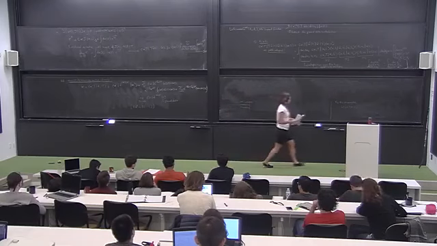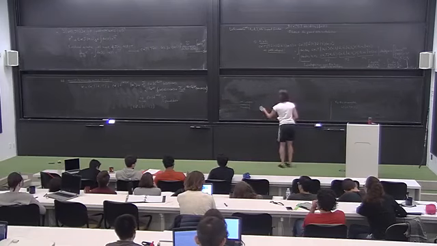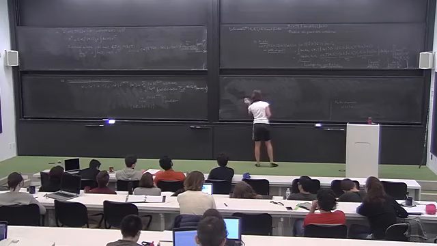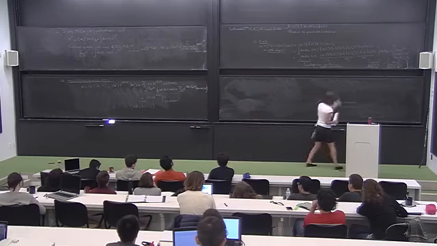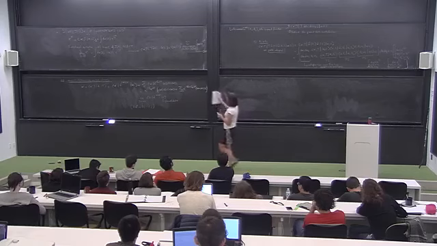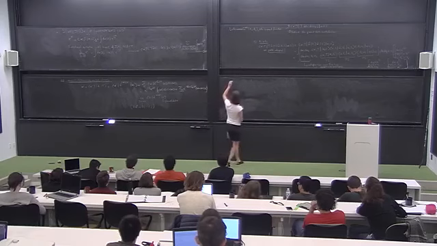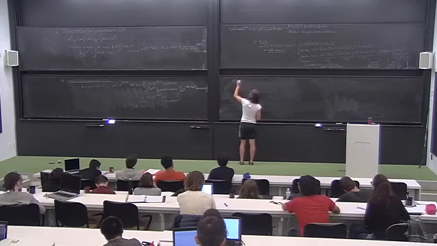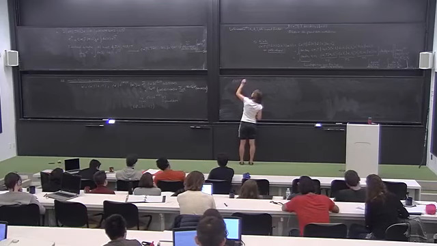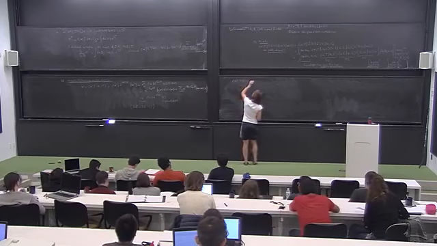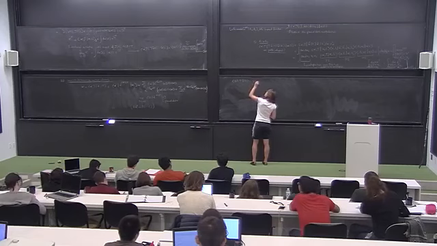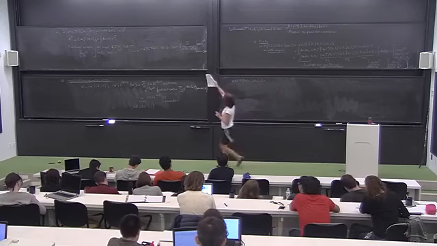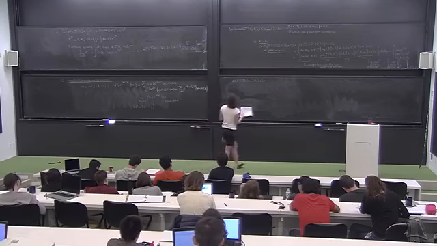So let's define... okay, so the idea is that now we want to look at objects like this, correlation functions. And we're going to use directly this formula.